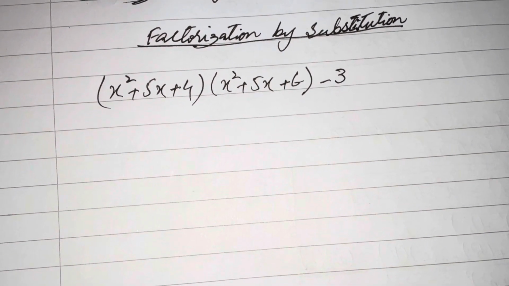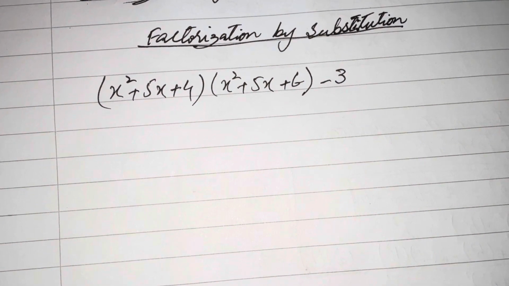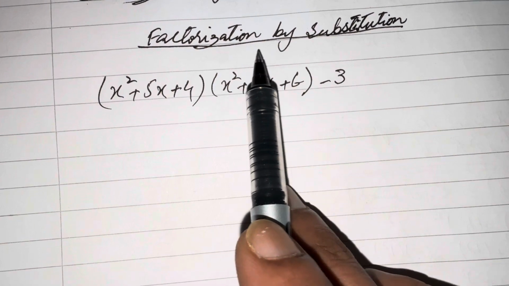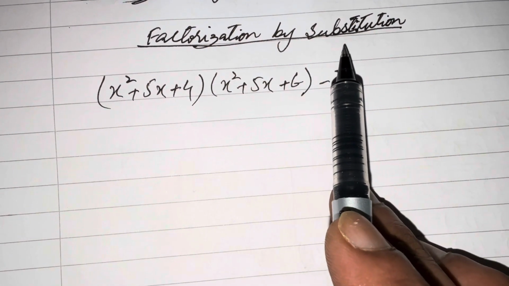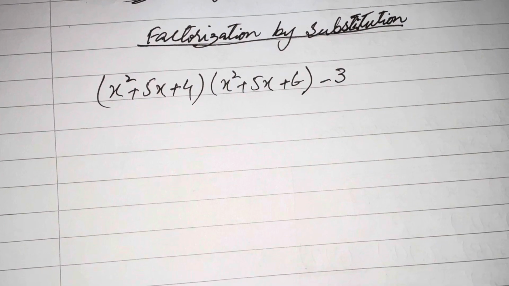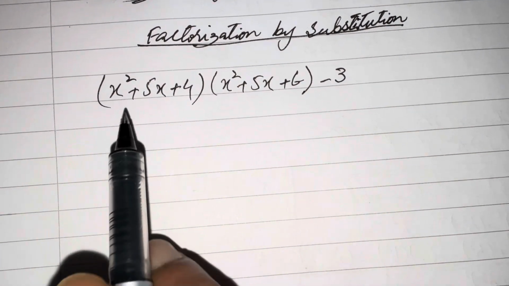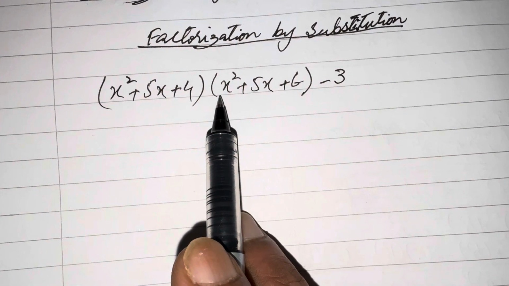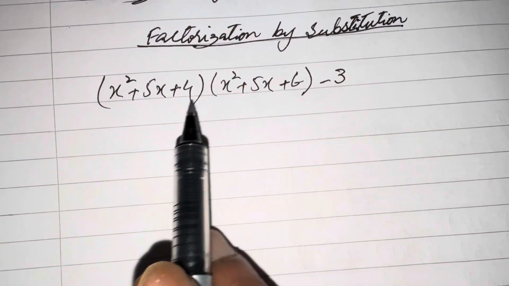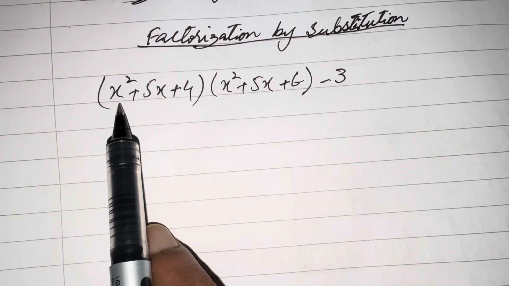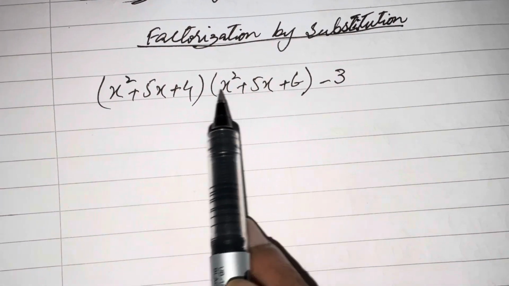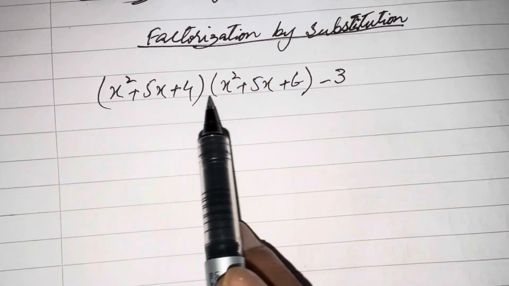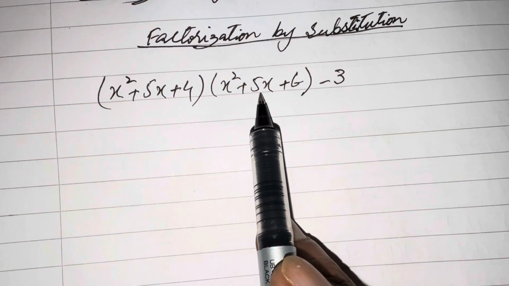तो इस चीज़ से बचने के लिए we use the method of substitution, that we are going to suppose some kind of expression. You can see the two terms in these expressions are the same: x squared plus 5x, the x squared plus 5x.